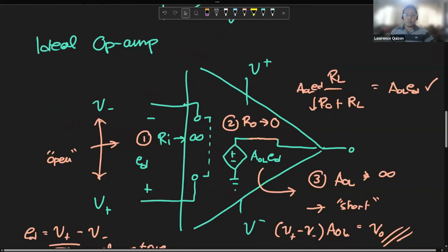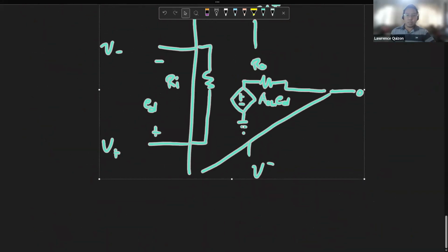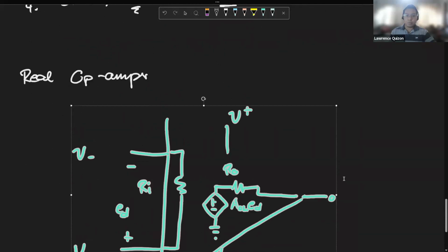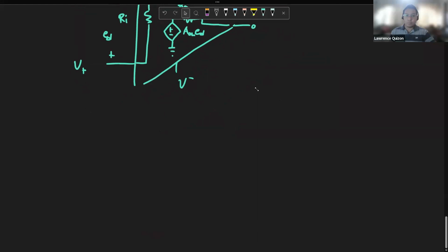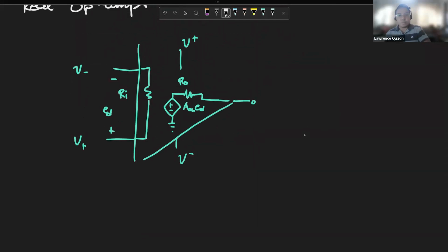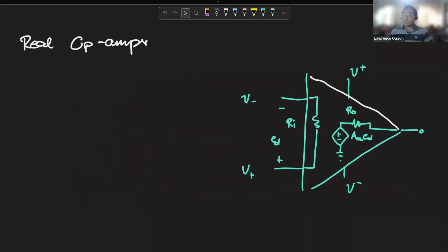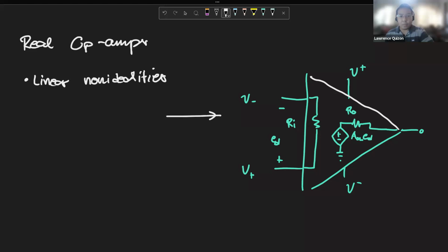Well, again, the real op-amp would be what we had before. So we have this. No, this is your ideal op-amp. So you have the linear non-idealities. Ito, no?